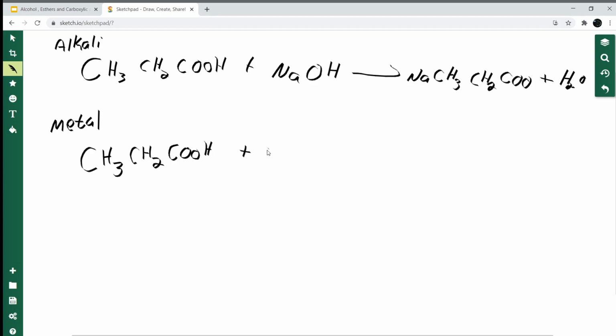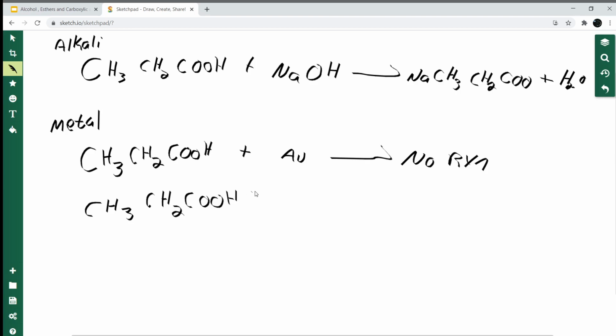So for instance, if we use gold here, which is a very unreactive metal, we would have no reaction. Or we could use a metal that's slightly more reactive, that's higher on the series, like magnesium.